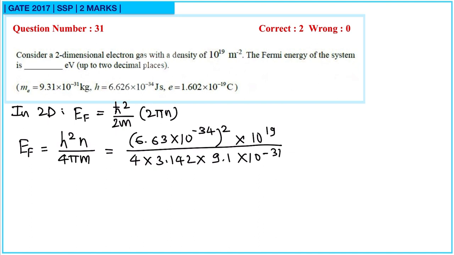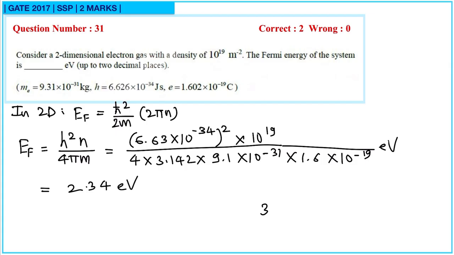And this we want in electron volt. So we have to divide by 1.6 into 10 raised to minus 19 as well. So the answer will be in electron volt. And this comes out to be 2.34 electron volt. And the answer range for this question was 2.32 to 2.40.